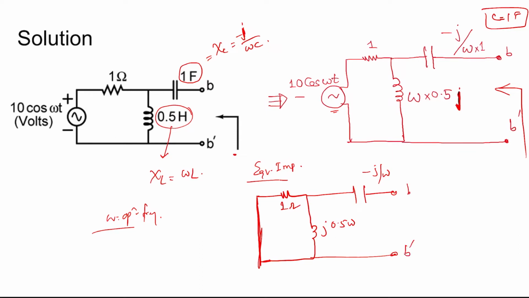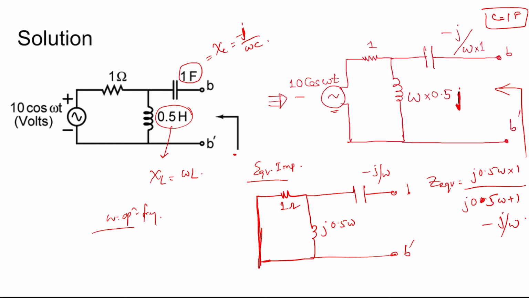Then Z equivalent equals the parallel combination of j 0.5 omega and 1 ohm, and then in series with minus j by omega.